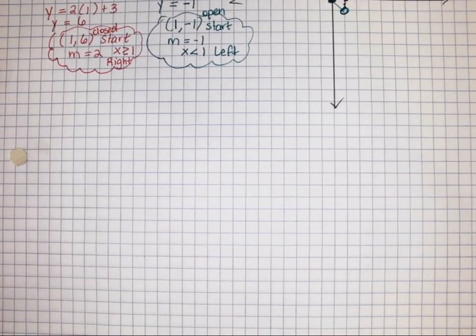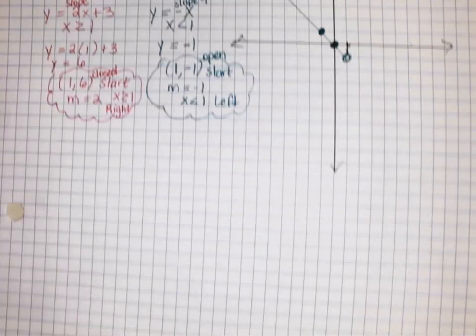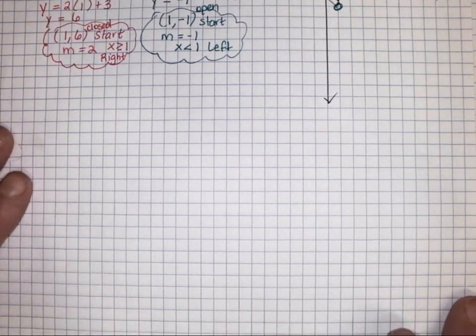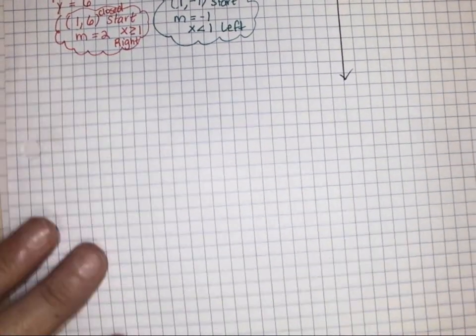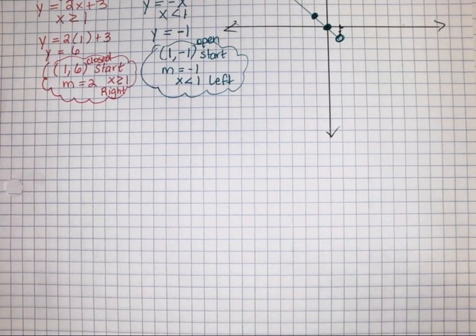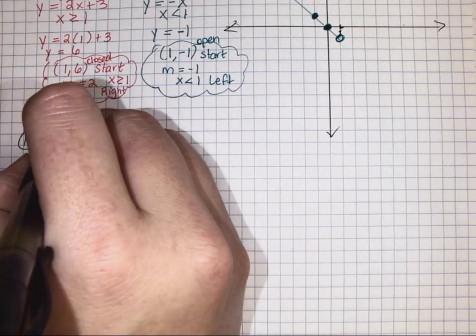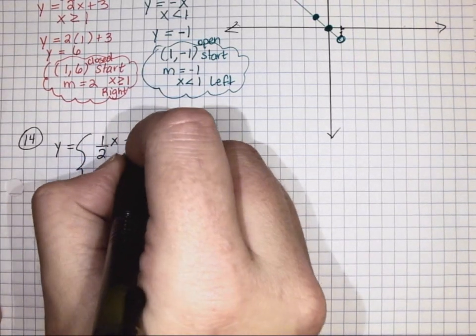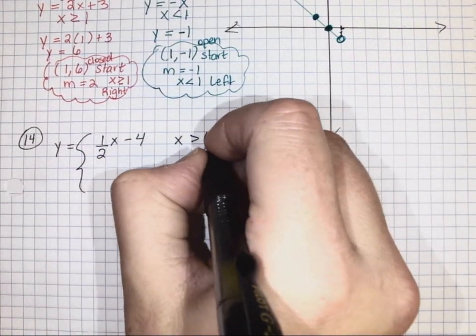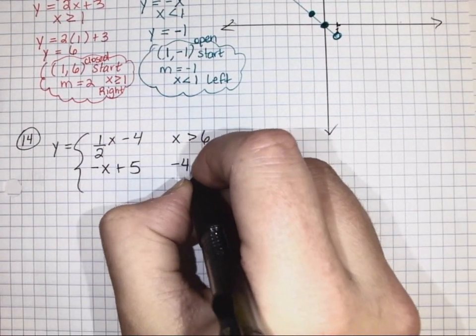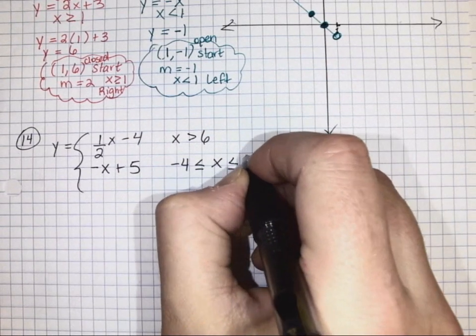Okay, for 14. I have y equals 1/2 x minus 4 when x is greater than 6, and I have negative x plus 5 when x is sandwiched in between negative 4 and 6.